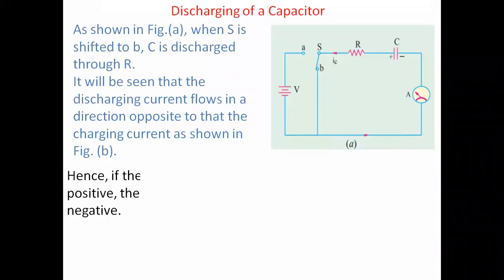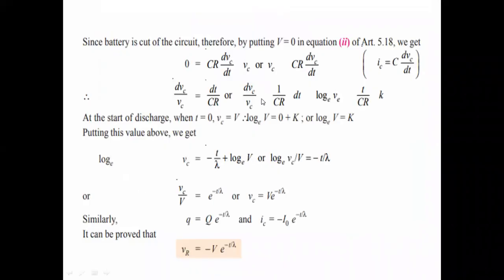I will explain that clearly at the end. See here, Vc is equal to minus CR into dVc by dt. Now we are separating dVc and Vc. dt by CR comes to the denominator, and here we have a negative.